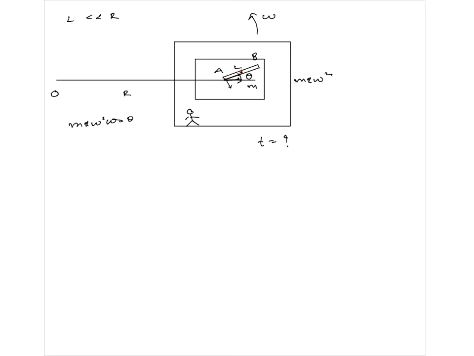That's the net force. So that will provide the acceleration. Acceleration would be r omega square cos theta. This is constant acceleration. R constant, omega constant, theta constant. Constant acceleration, L length you have to travel, time can be obtained from this.